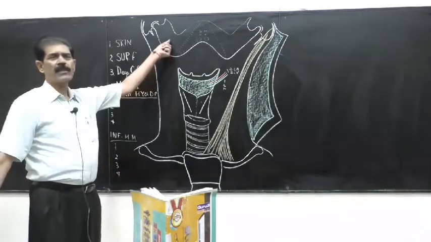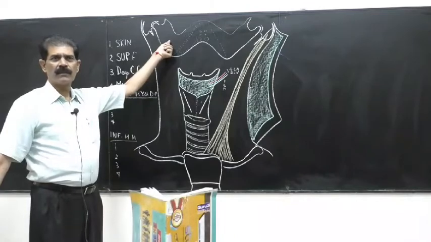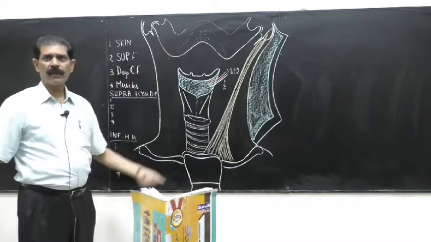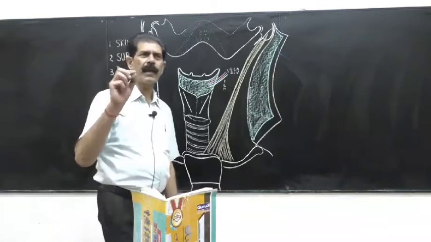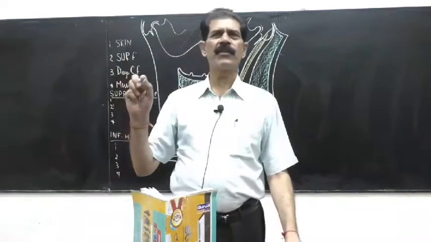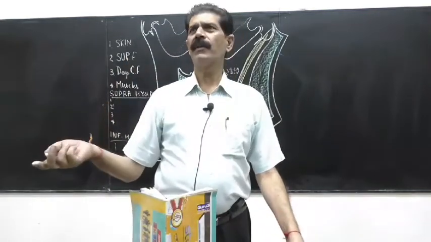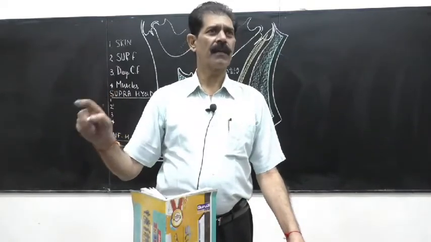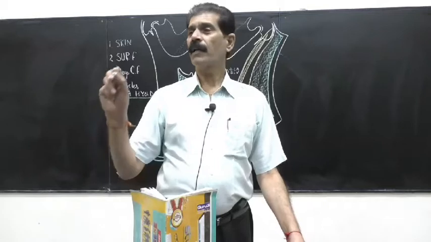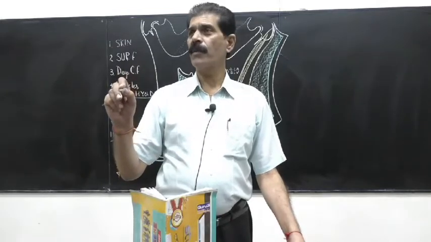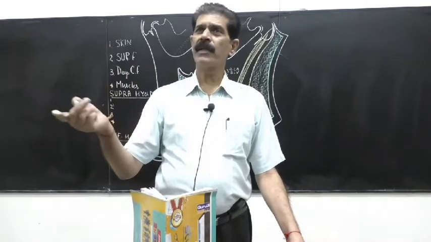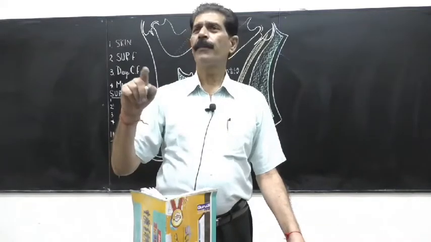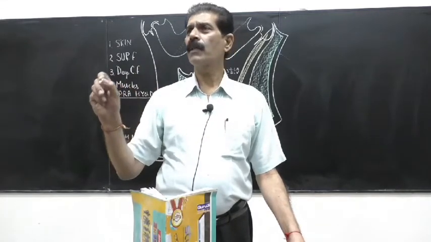And mandible is touched by the 7 nerves. Some are sensory, some are motor. And where the 7 nerves touch the mandible, if that part of mandible is fractured, the patient comes with the complaint of, if it is sensory, loss of skin, S for S. If that nerve is damaged because of the fracture of the mandible, the motor nerve, patient comes with M for M, the paralysis of the particular muscle.